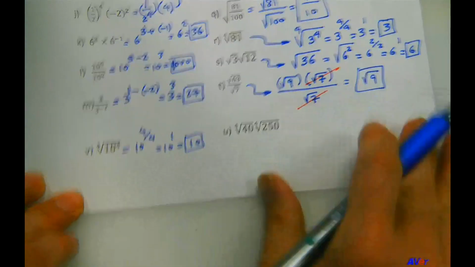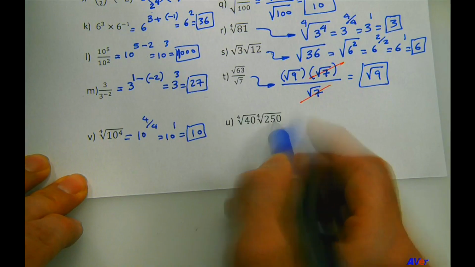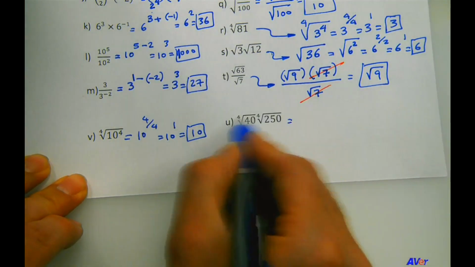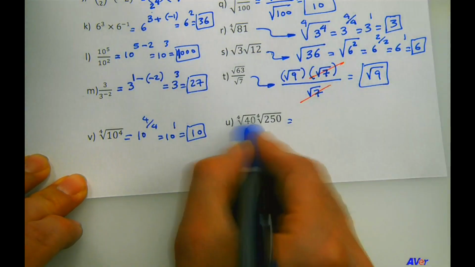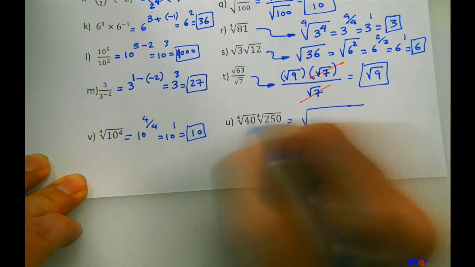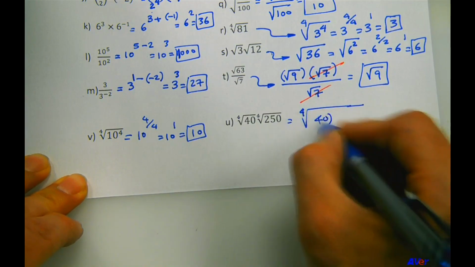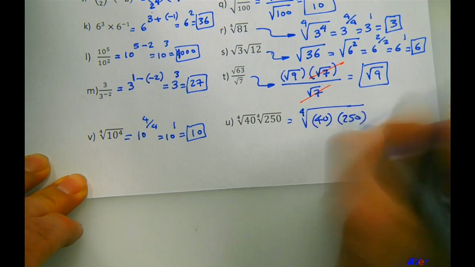Okay, this one here. So we have 4th root of 40 times 4th root of 250. Well, the indices of these roots are the same. They're 4. So we can multiply what's inside the radicand. So this is 4th root of 40 times 250.